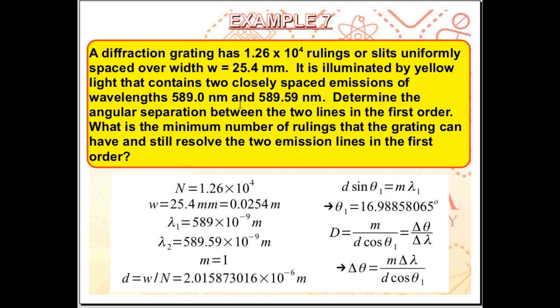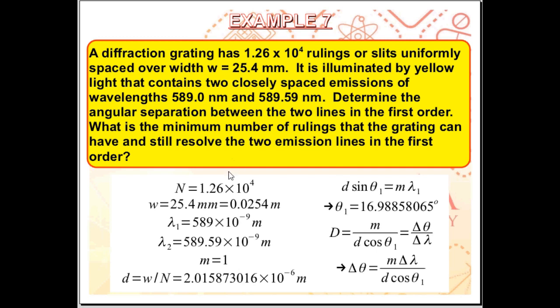You have two wavelengths that are very close together, 589 nanometers, lambda 1, and 589.59 nanometers, lambda 2. First order, the problem tells us, so m is equal to 1.